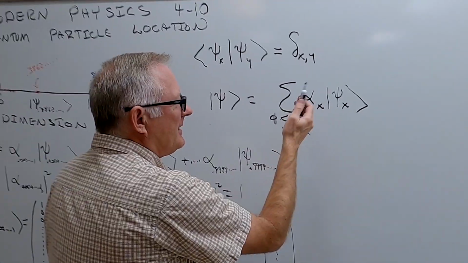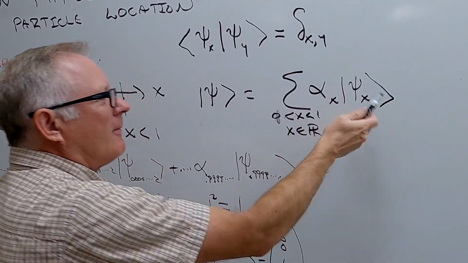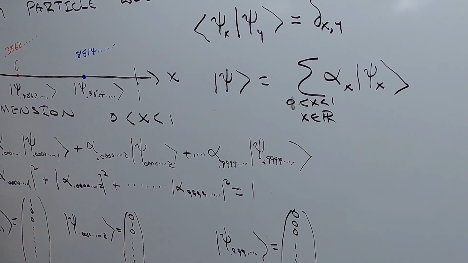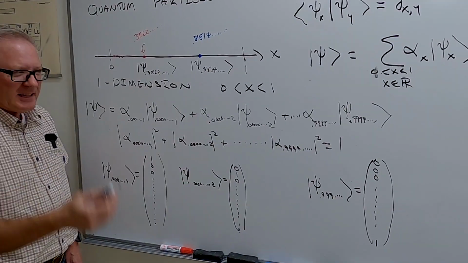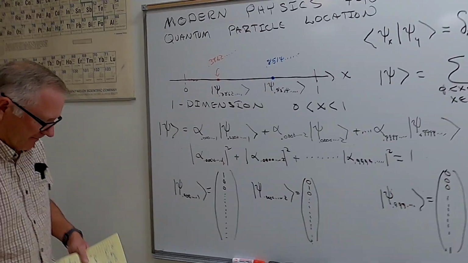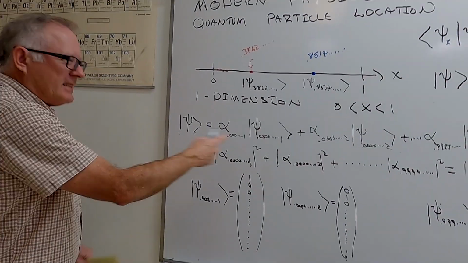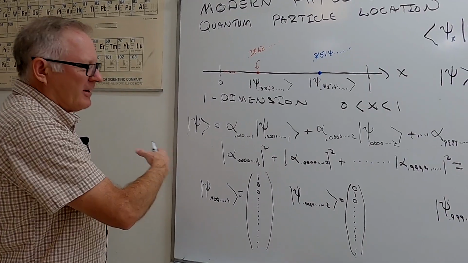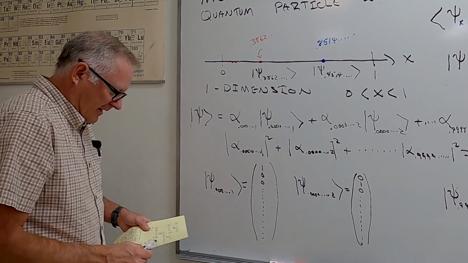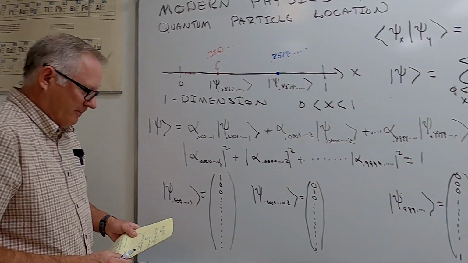It means we're adding up all of the real numbers in this sum from everything greater than 0 and less than 1. Okay, well, that's what the state would be in. This looks like a very cumbersome way of writing things. We're going to get away from this.